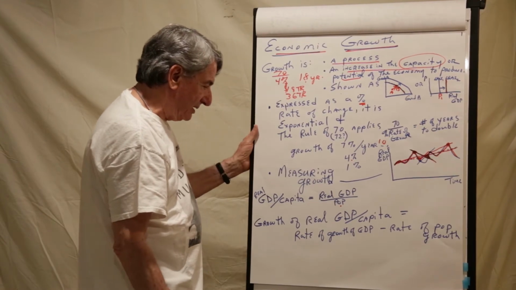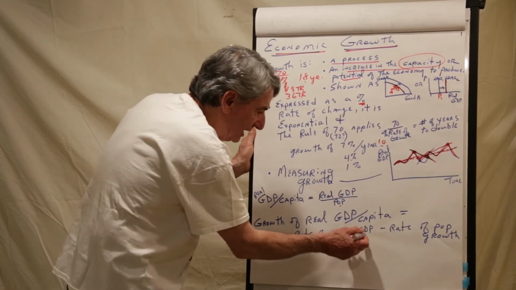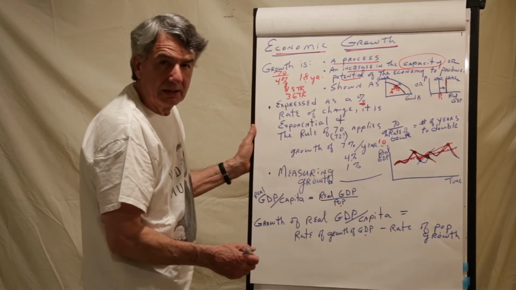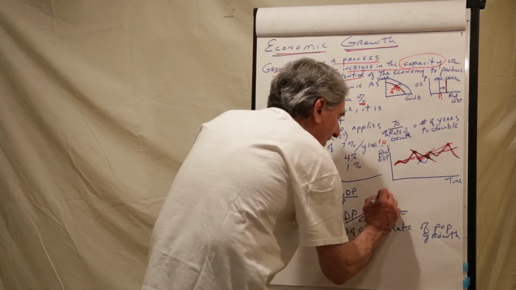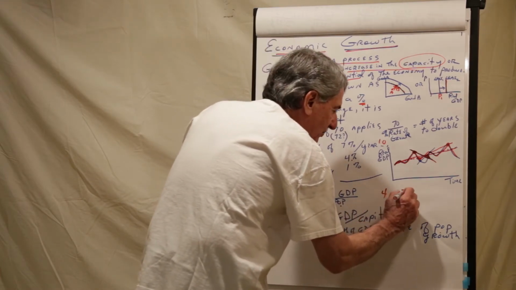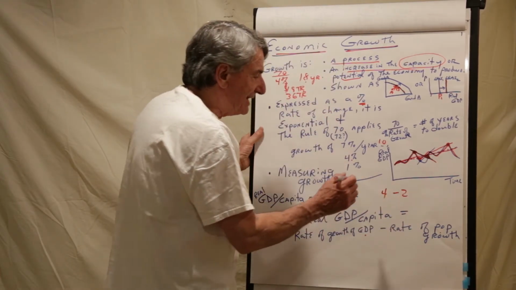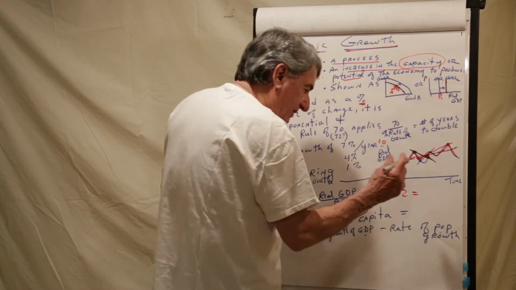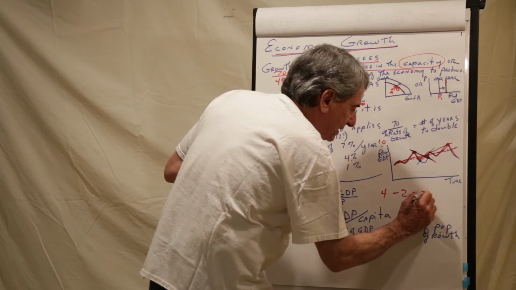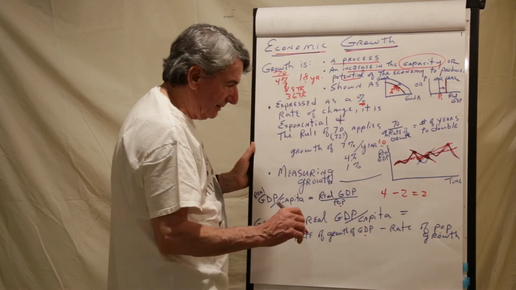The answer is you would take the rate of growth of GDP and subtract the population growth rate. So if you have an economy that's growing at 4%, but the population is growing at 2%, then each individual's increase, after you consider the population, is 2% growth per capita.